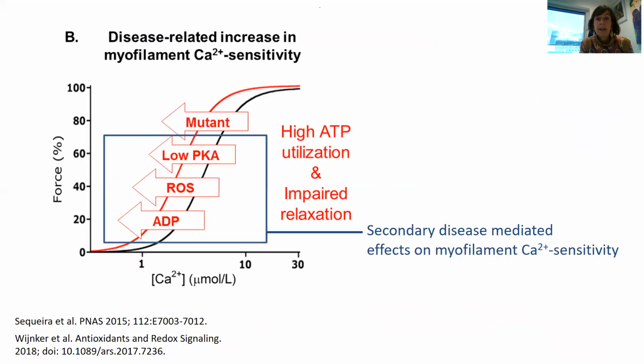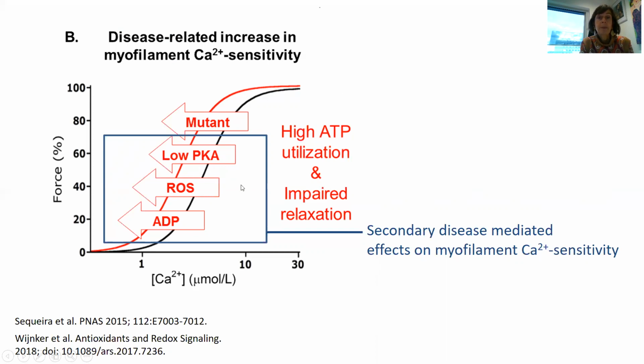Now, I would like to highlight that in addition to the mutation-mediated increase in calcium sensitivity, based on many studies, we also know that many other post-translational modifications cause an increase in calcium sensitivity. So we know that low PKA-mediated phosphorylation shifts this curve, and this is linked to a deregulation of the beta-adrenergic signaling in the heart.